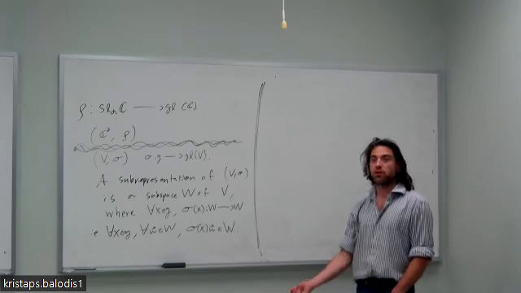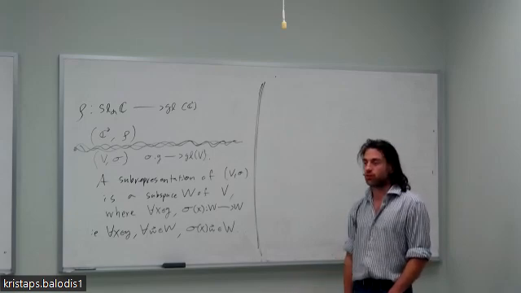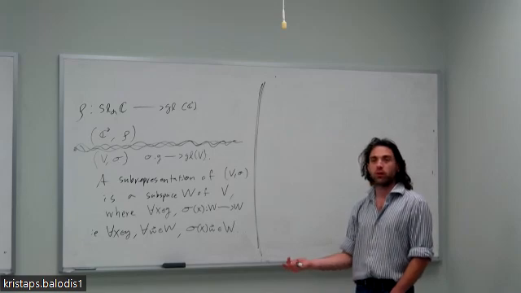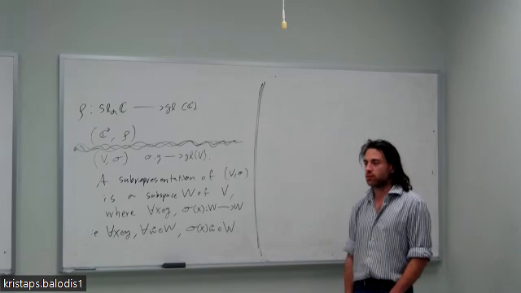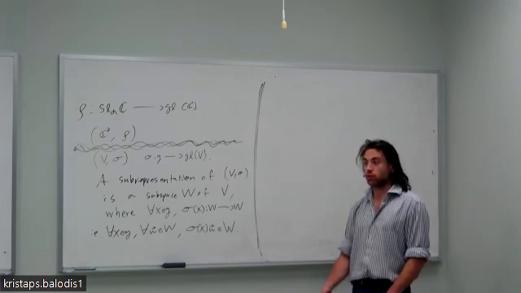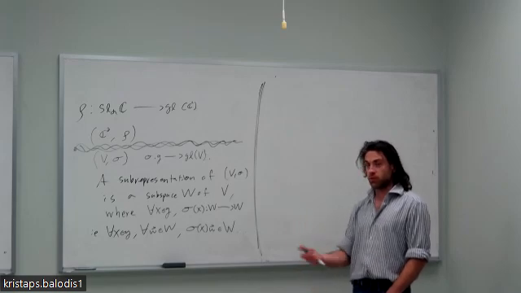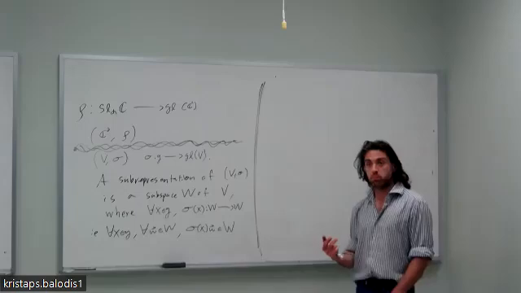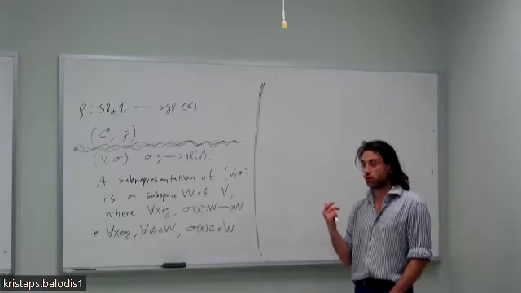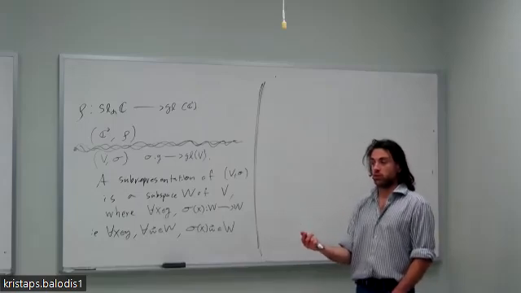Okay, so a one-dimensional subspace of a vector space. What do we know about one-dimensional spaces in general? What does it mean to have dimension n, for example? There's a basis with n elements in it. So if it's one-dimensional, there's a basis with one element in it.